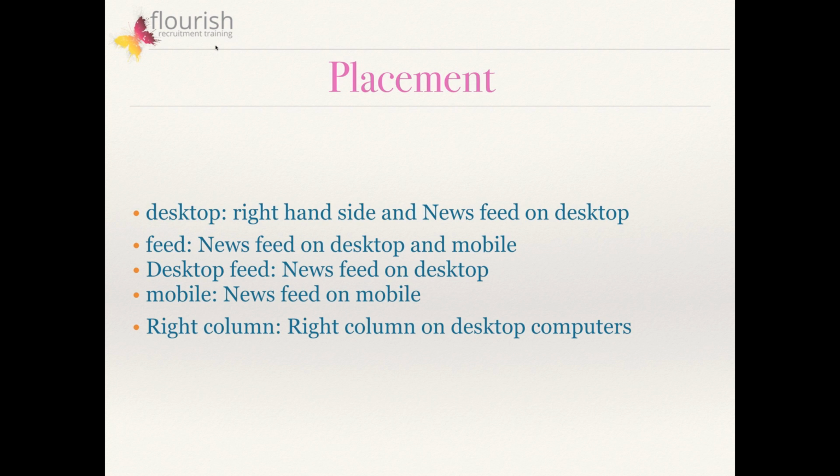The second one is just in the feed, so it's where you see people putting their comments and their updates, and you'll get a sponsored ad in there, and that's on desktop and mobile. You've got a desktop feed, which goes just to the desktop and won't go to mobile at all, or a mobile feed which just goes to your mobile and nowhere else. Then you've got the very last option, which is the right column on desktop computers.